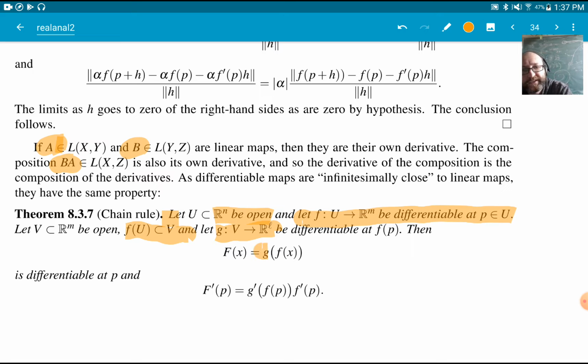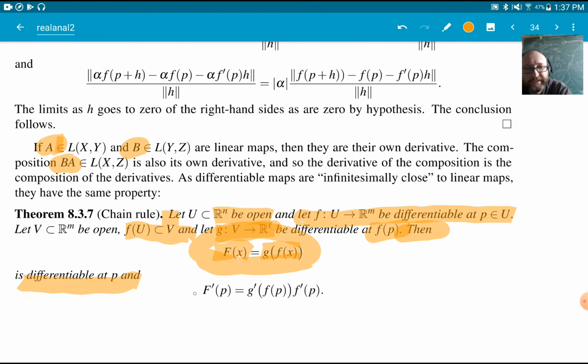So I can write down this composition; let me call it capital F. And let's suppose that g is differentiable at the image of P, at f(P). Then the conclusion is that this composition is differentiable at P.